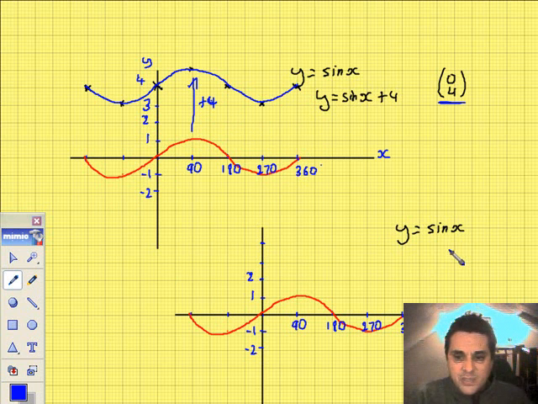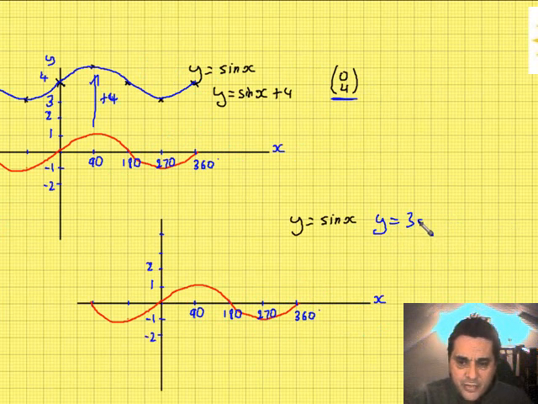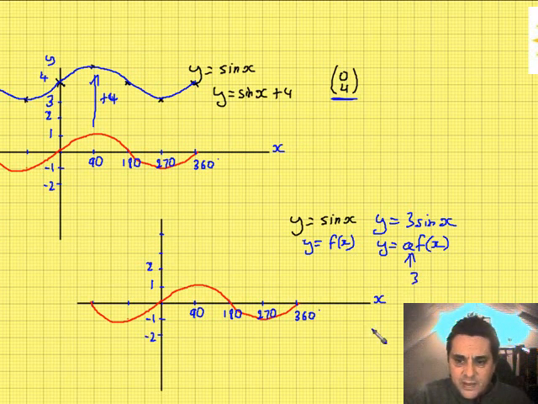Now, this one is going to be transformed into y equals 3 sine x. Remember, the basic function is y equals function of x, and here it's going to be y equals something times the function of x, and of course the a is going to be 3.